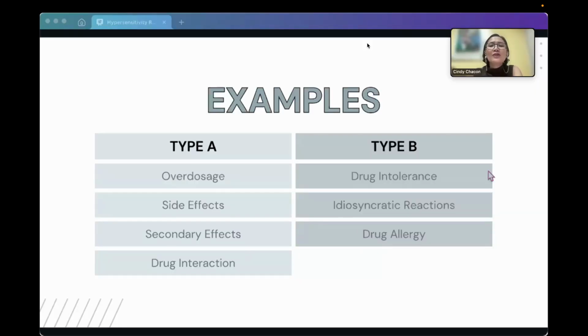You also have idiosyncratic reactions, which are qualitatively abnormal, unexpected responses to a drug differing from its pharmacologic action. For example, when you have anemia in G6PD patients, diba? If you give G6PD patients, let's say for example, Primaquine, they may develop hemolytic anemia.